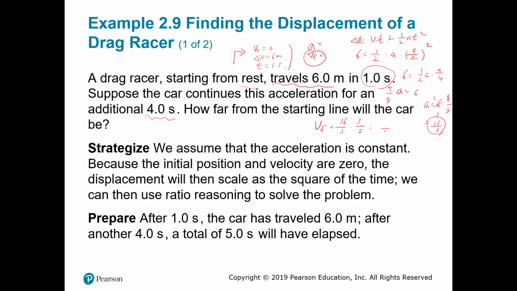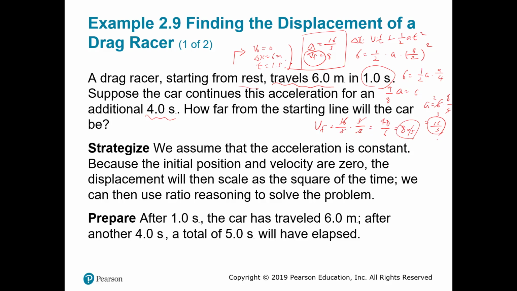So v final is 16/3 times 3/2, you can cancel here, which is 8, right? So your v final is 8 meters per second. So now we have the acceleration and v final 8. So now we have all 5 variables, right?